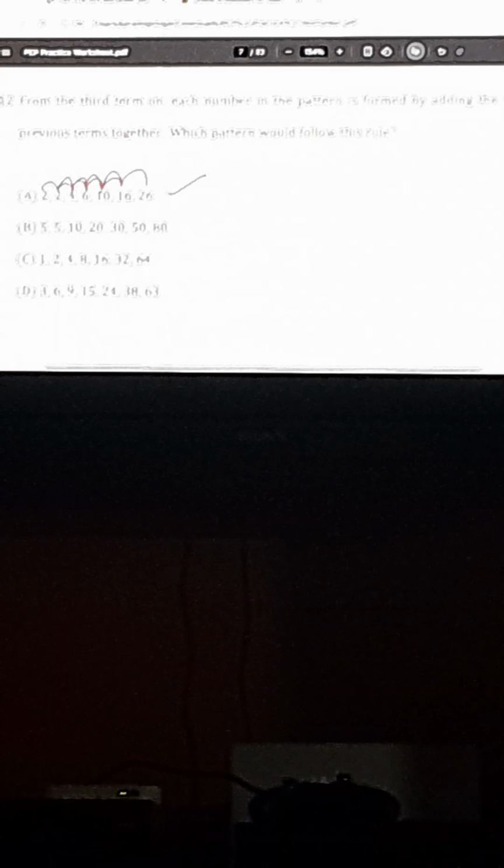Now the next one: 5 plus 5, 10. No, that didn't work. 1 and 2 is 3, 3 and 6 is 9. 6 and 9 is 15. 9 and 15 is 24. 15 and 24. You were going so good until this point. So the only answer here is B.